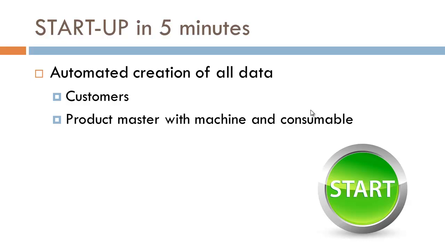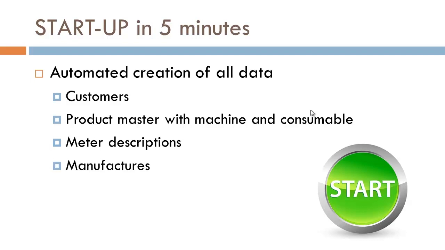And all this comes out of FMAudit, and FMAudit by itself has a very large database of all known printers and copiers in the world. So we are getting out this data, and you do not have to key it in first and prepare weeks of data entry. Now you can really start in 5 minutes. We are getting out all the meter descriptions, all the manufacturers, all the devices, based on serial number, IP, MAC address, all this stuff.